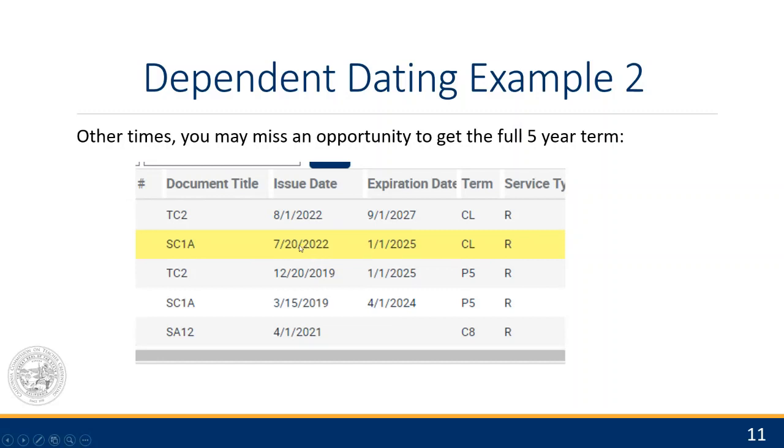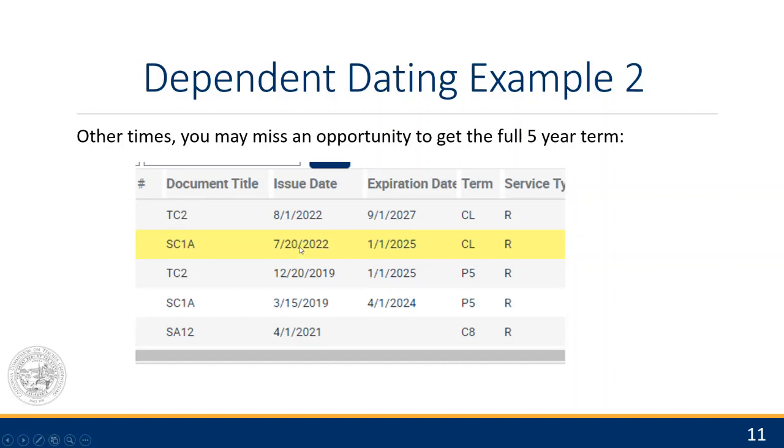And by choosing this issuance date of July 20th, you're forcing the commission to link it to this base credential down here, which means that it has to expire on January 1st of 2025, which is a little over 2 years.